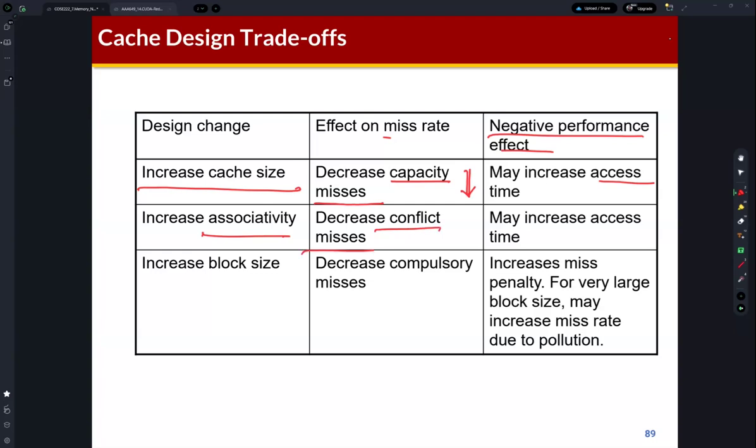Associativity: we can decrease the conflict misses, but access time can be increased, and the cost is also increased. Block size: if we increase the block size, we can reduce the cold misses, the compulsory misses. Why?